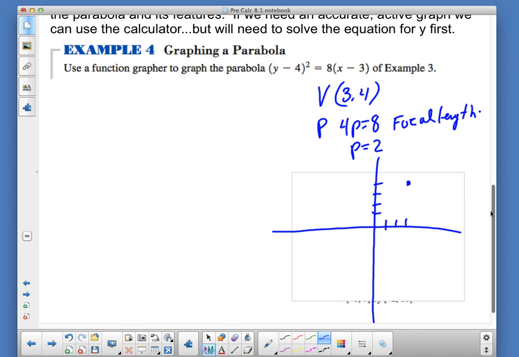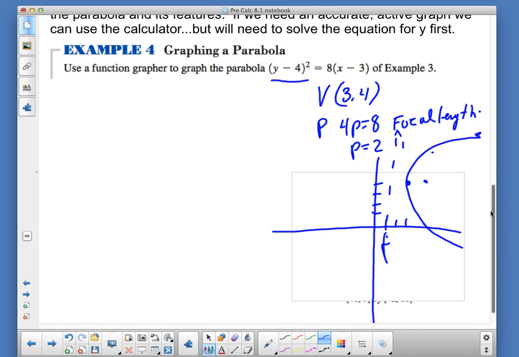So that's my vertex. And I've got y squared, so it's positive. So it's going to point to the right as I go through. And I got a P of 2, so I've got 3, 4. This is the same graph that we just did as I'm going through. And I've got my 8s here coming up. And I've got this going. And as I graph, those are the things I should be able to quickly graph as I step through it.